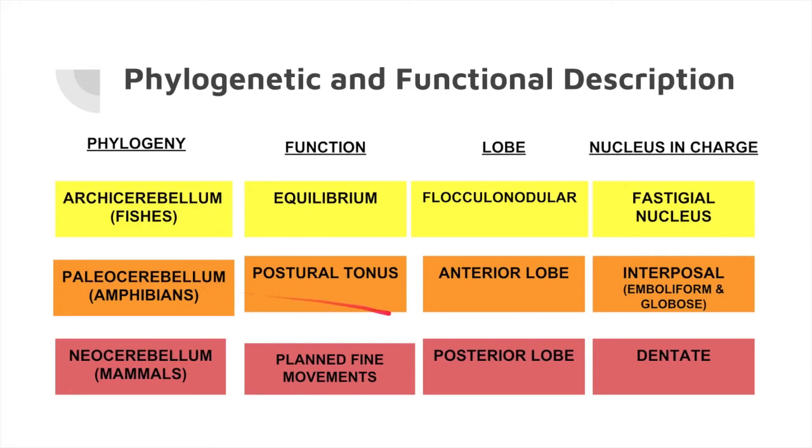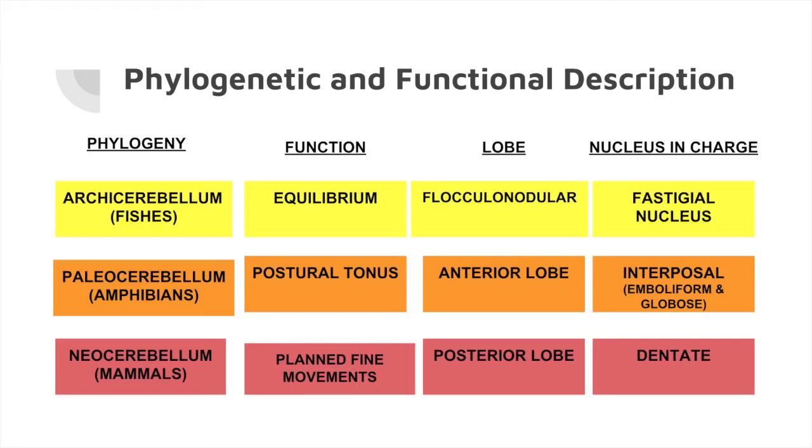The paleocerebellum is located in the anterior lobe that I mentioned in color red on the previous slide. And the nucleus that is in charge is the interposed nucleus. It consists of two main parts, the emboliform and the globose.